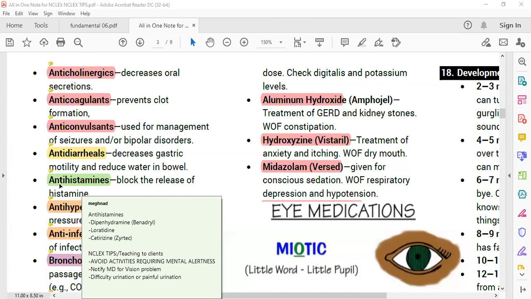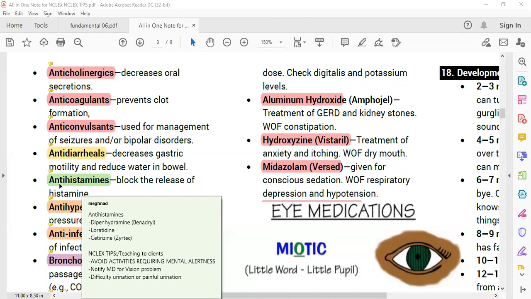Also keep in mind, do not give loratadine to pregnant mothers or nursing women who are breastfeeding. Cetirizine or fexofenadine are the most common antihistamines we use for common cold or rhinitis.